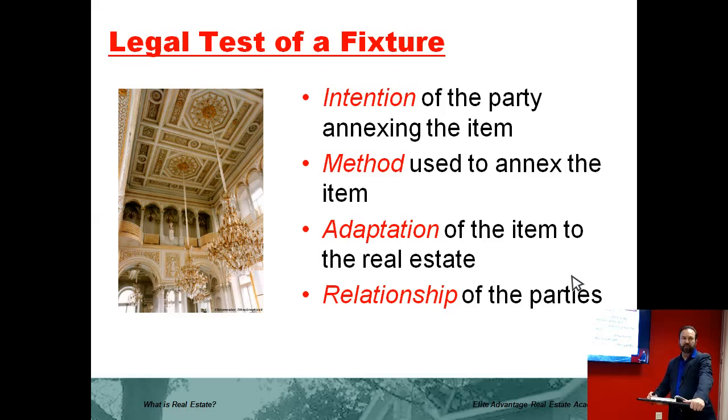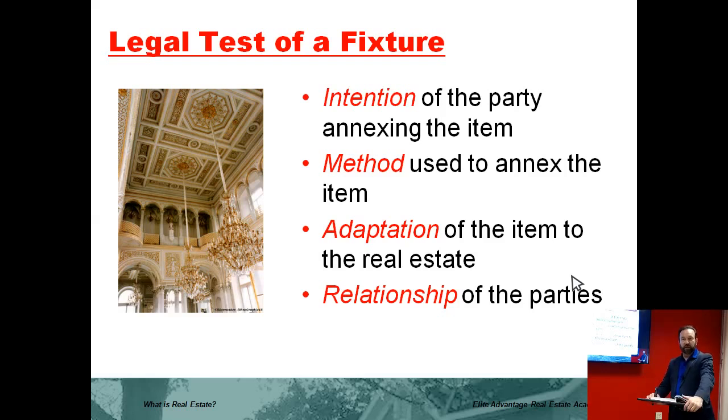And when we look at a Tiffany lamp, say in a typical tract home, ranch style home, no basement, living room, dining room, kitchen, 3 bedrooms, and they have a Tiffany lamp attached in the dining room, we have to start to ask ourselves these questions. What was the intention of the party when they were annexing it? Is this lamp an heirloom?